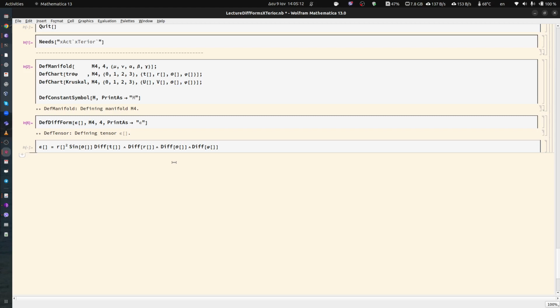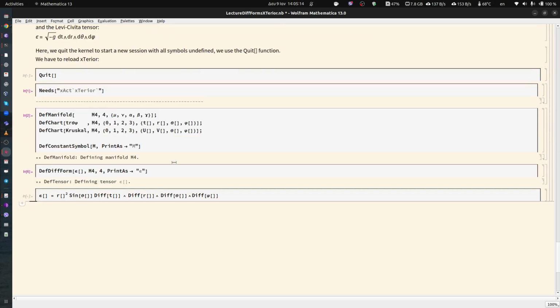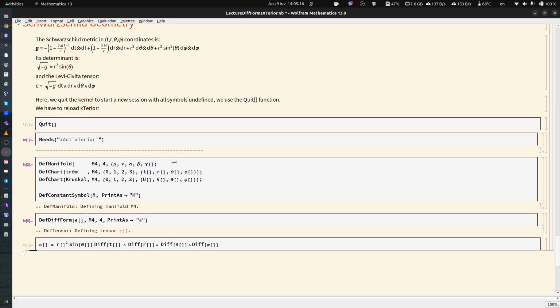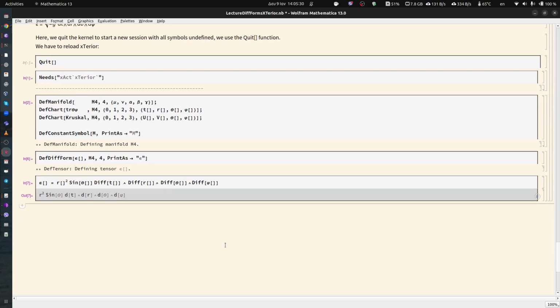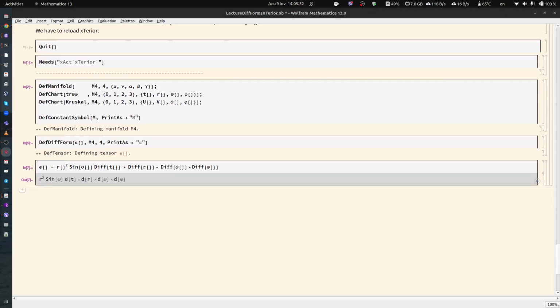So we define its value here. Its value here, as we have already mentioned, is given by r squared sin theta, which is the square root of the determinant of the metric, times dt, dr, d theta, and d phi. And indeed, this is what we get.